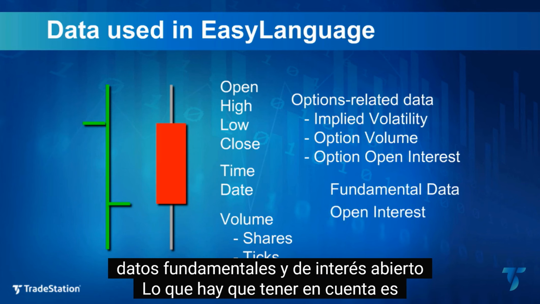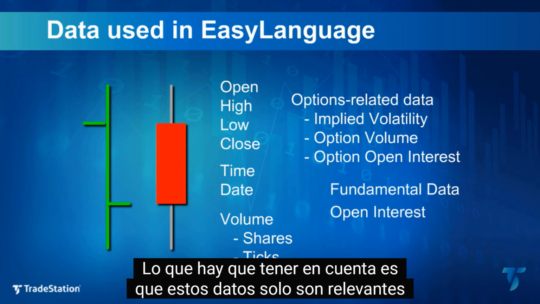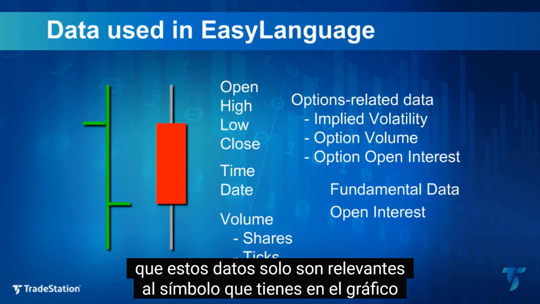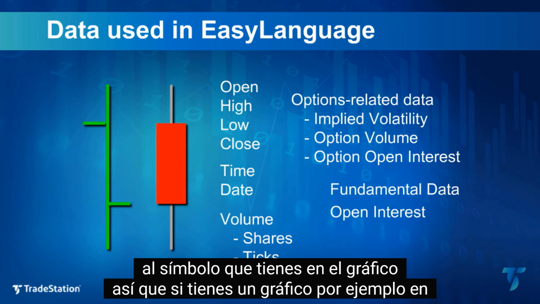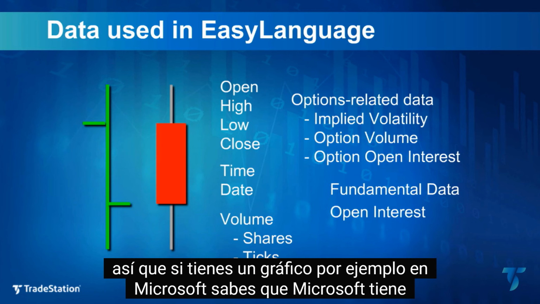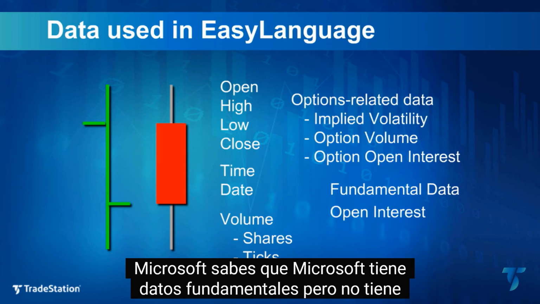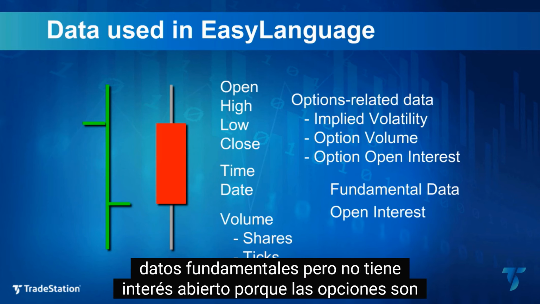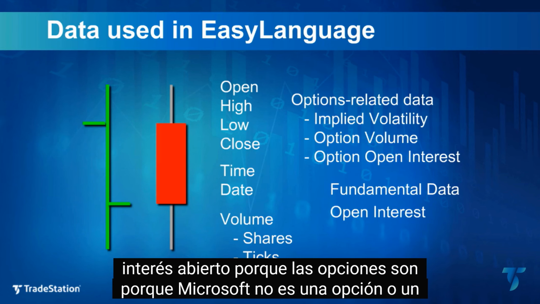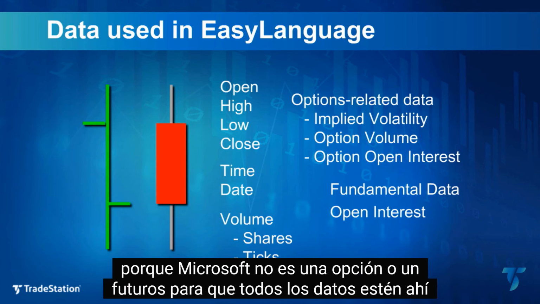One thing that you have to keep in mind is that these data pieces are only relevant to the symbol that you have on the chart. So if you have a chart, for example, on Microsoft, you know that Microsoft has fundamental data. But it doesn't have open interest because Microsoft is not an option or a futures.